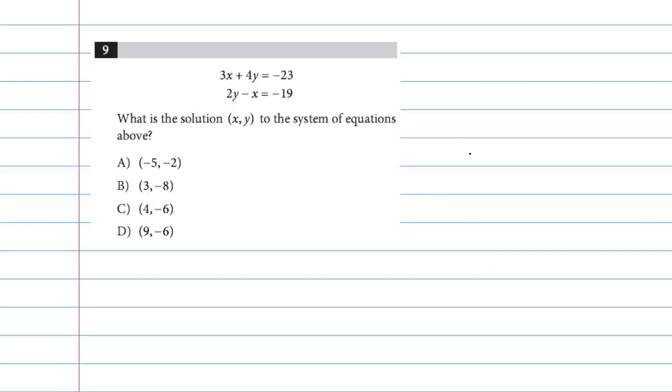There are two ways to deal with this: one is the method of elimination, and the other is the substitution method.